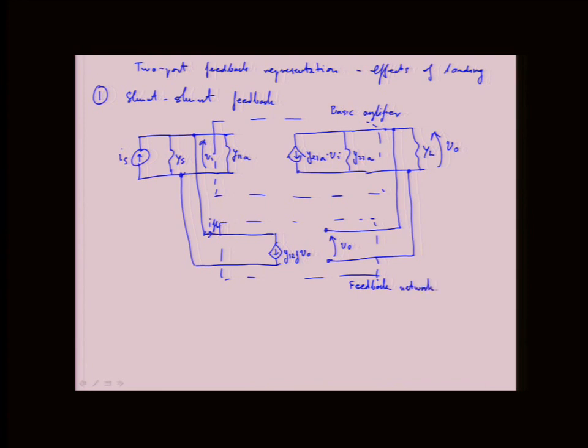So this is sort of the view we had a few lectures ago when we started classifying the types of feedback. We have shunt at the output because we're measuring voltage, and then we have shunt at the input, which means that the feedback network is in parallel with the amplifier at the input, so we can do current summation or subtraction.